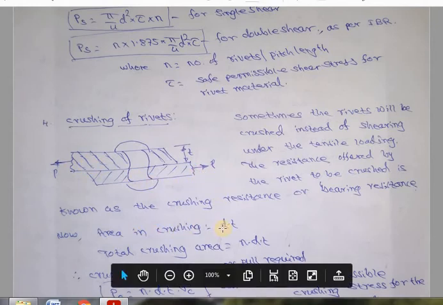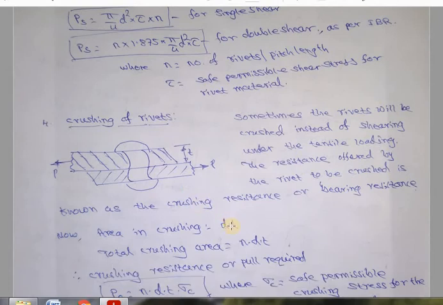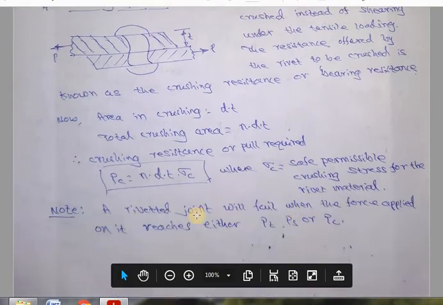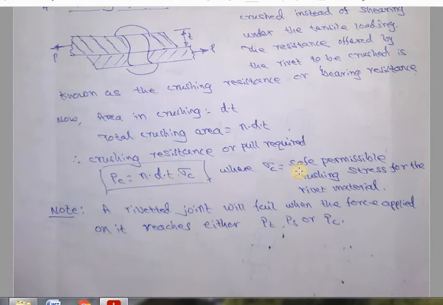So the crushing area is going to be d into t, the diameter of the rivet into the thickness of the plate. It plays an important role. So d into t is the crushing area. If there are n number of rivets per pitch length, it is n into d into t. Therefore, the crushing resistance in that case, PC, is n into d into t into sigma C, where sigma C is the permissible crushing stress value for the rivet material.